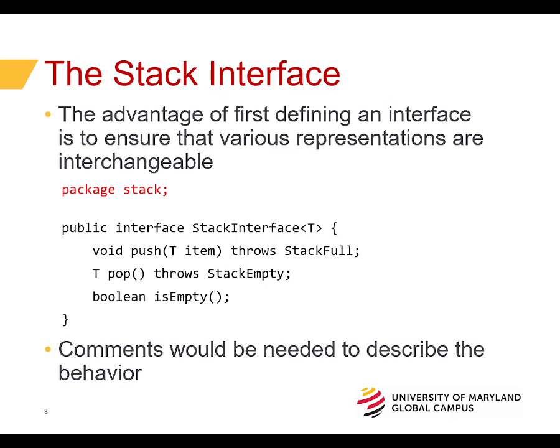This interface, together with its implementation and associated exceptions, will be in the same package, stack. Because all data structures are container classes, the interface that defines them will be generic interfaces. The type of the components is specified by the generic type parameter T. First, the push.